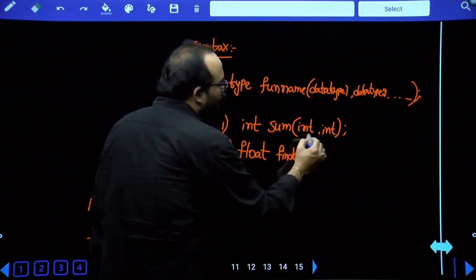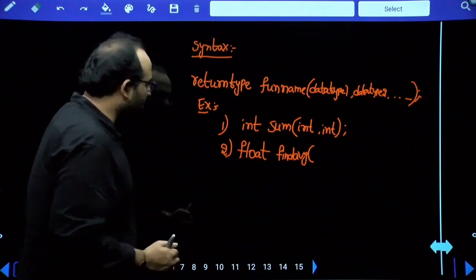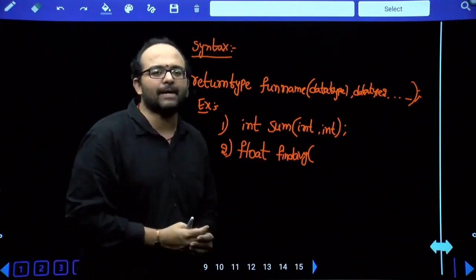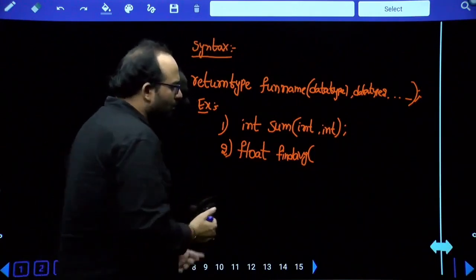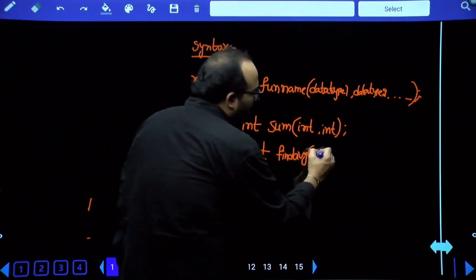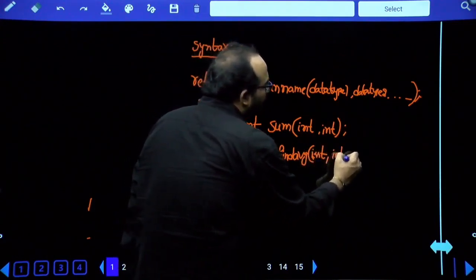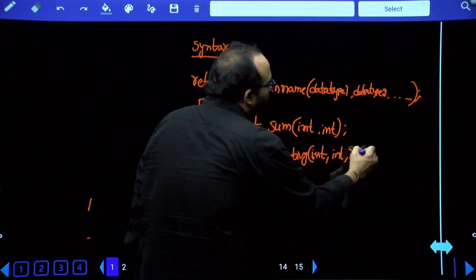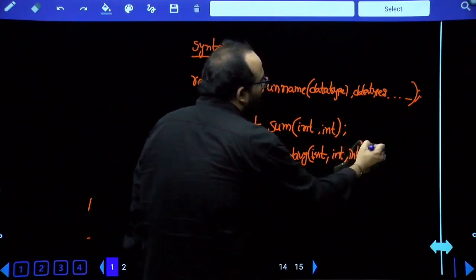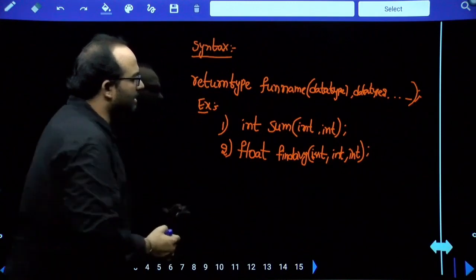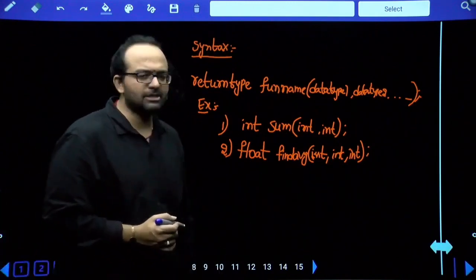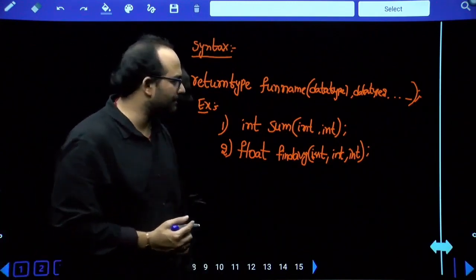Find avg is the name of the function, and this particular function is taking three parameters. Those three parameters are integer operands. So int comma int comma int. So these are the different parameters that are passed for this particular function find avg.